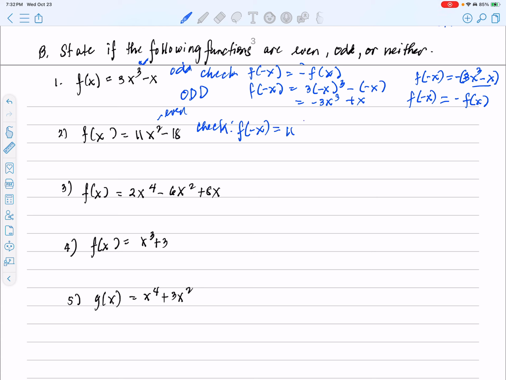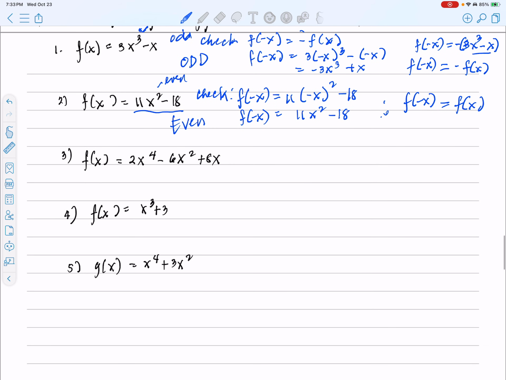So 11 times negative x squared minus 18, and negative x squared is positive, so that will be 11x squared minus 18, still the same as the given function. Therefore, the function of negative x is equal to the function of x, so this is an even function.